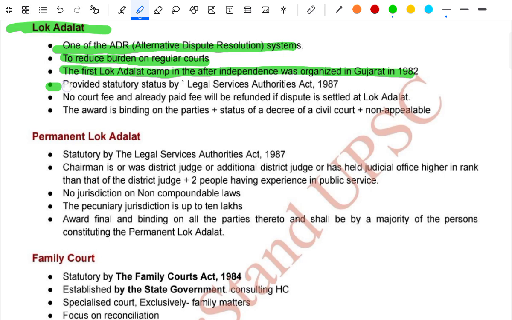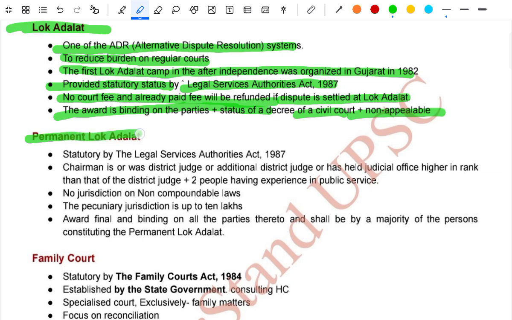It was provided statutory status by the Legal Services Authorities Act 1987. The court fee already paid will be refunded if the dispute is settled at the Lok Adalat. The award is binding on the parties, has the status of a decree of a civil court, and is non-appealable.